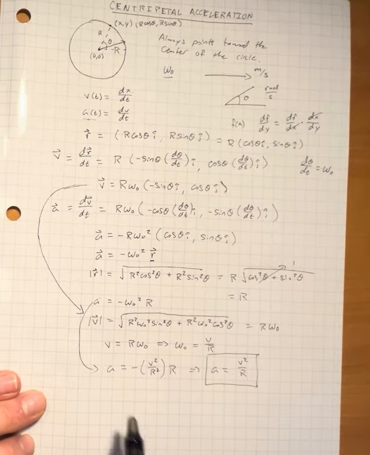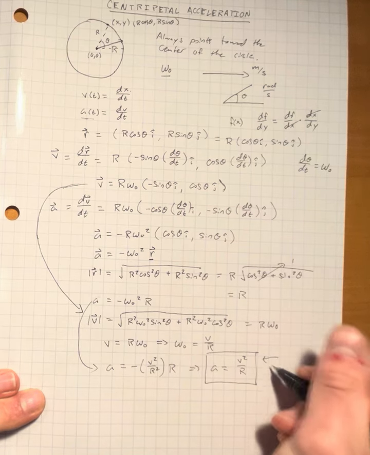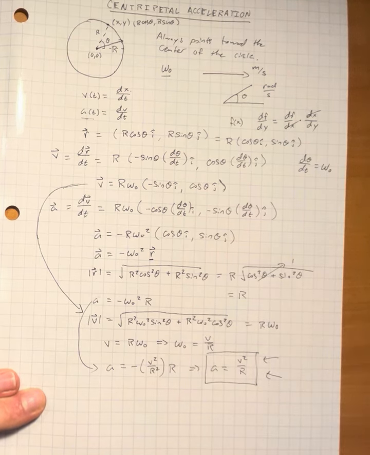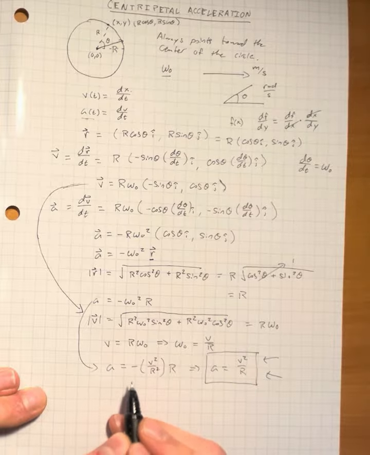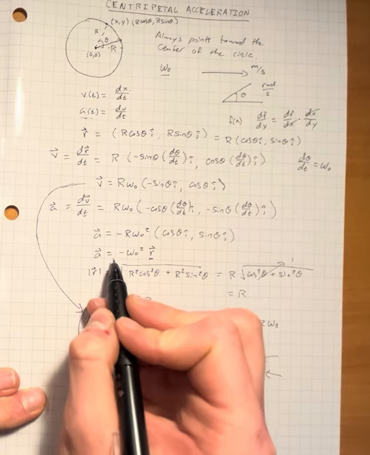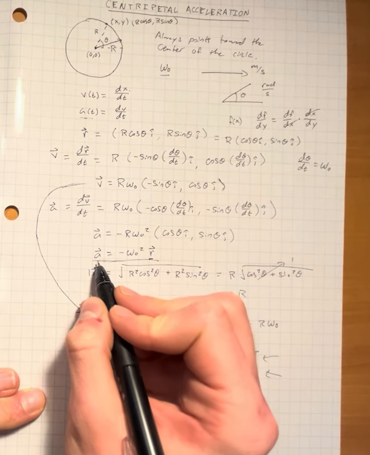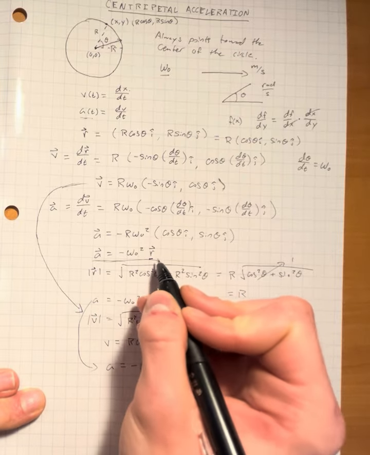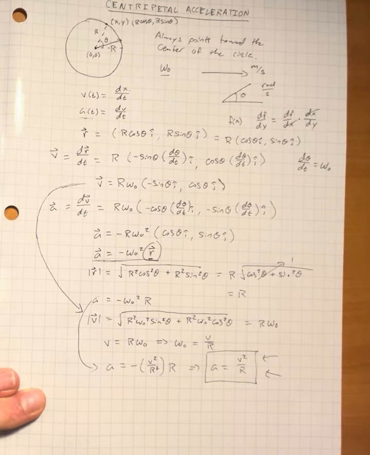Now, I dropped the negative. Why did I drop the negative? I did it on purpose. This is how it's written on your equation sheet. This is what you're going to need all the time, every time. The negative that pops out in this equation tells you that the acceleration always points towards the center of the circle, right? Because in this vector equation, a vector is equal to negative omega naught squared r vector. This r vector points outwards from the circle, right?